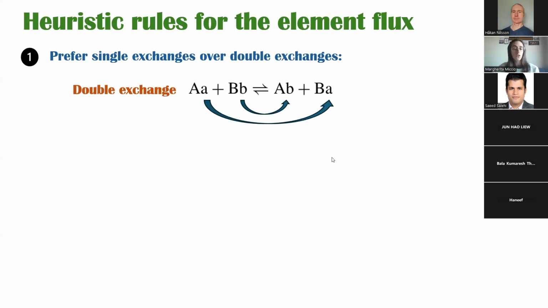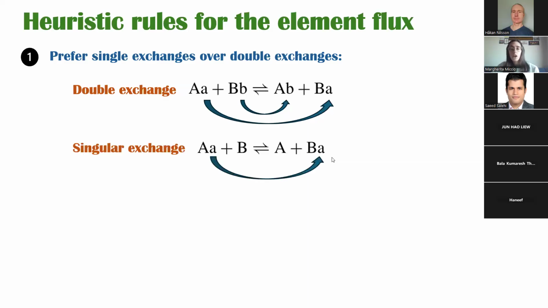Regarding the double exchanges, I can explain this situation by considering that each species in the reaction can be divided into molecular fragments. So every letter inside this reaction is a molecular fragment, and we can see that in this reaction, we have two molecular fragments that are exchanging during the reaction.